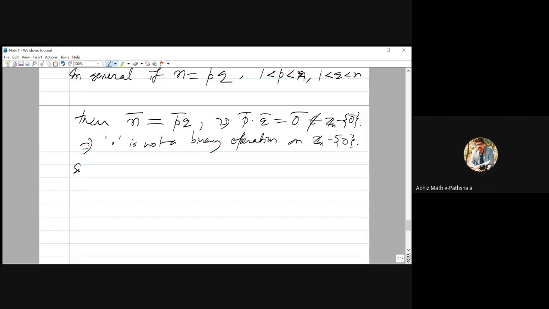Now suppose Zn minus 0 class with dot forms a group. Then what will happen?